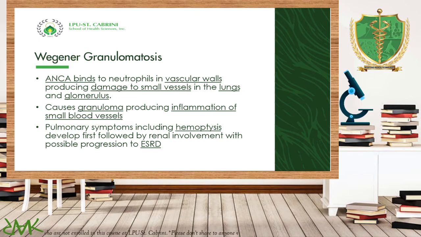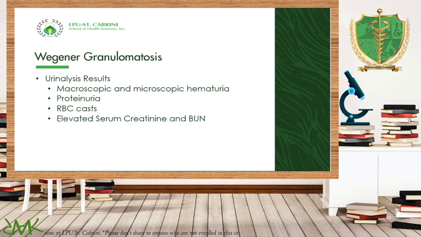This granuloma produces inflammation of the blood vessels. Since this is capable of causing blood vessel damage, the pulmonary symptoms include hemoptysis, the presence of blood in the sputum, and then it will develop into renal involvement that may possibly progress into end-stage renal disease.